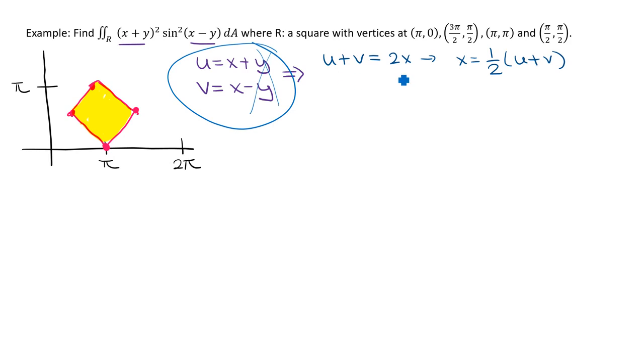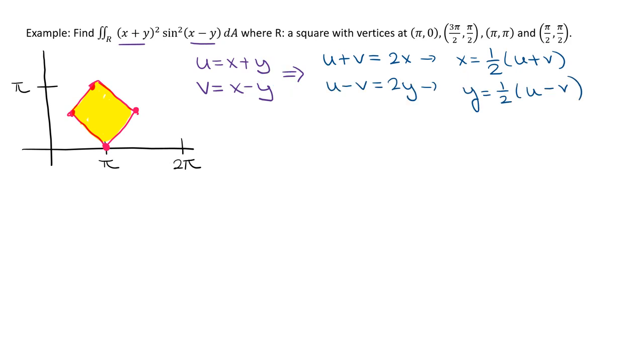Divide by 2, so x would be 1/2 (u plus v). If I want to solve for y, I'll take the v equation, multiply it by -1, and then add them together. So u minus v, x's go away, equals 2y. Divide by 2, so y is 1/2 (u minus v).